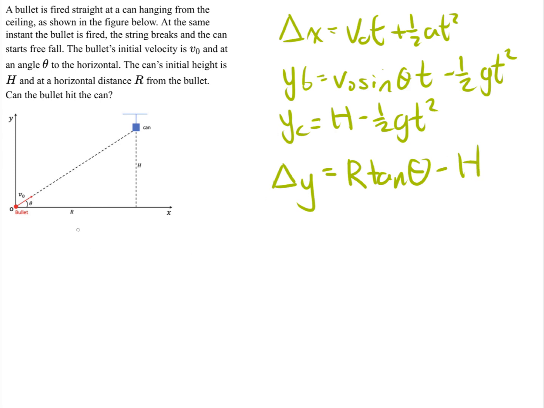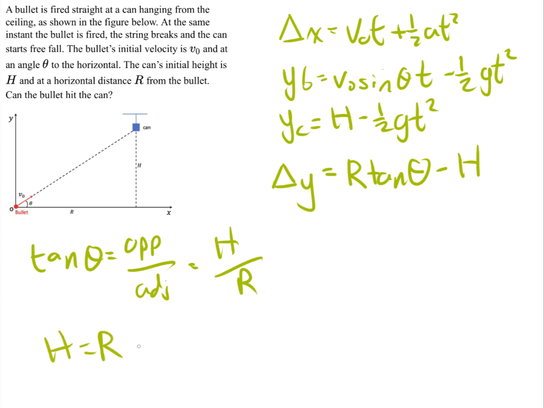Now, if we look at this, we can say that the tangent of theta, which is the opposite over the adjacent, is equal to h, the height, over the range. So by moving this equation around, we get that the height is equal to the range times the tangent of theta. So plugging this back into the equation, we get that the y difference is actually simply h minus h, the height minus the height, which is equal to 0.